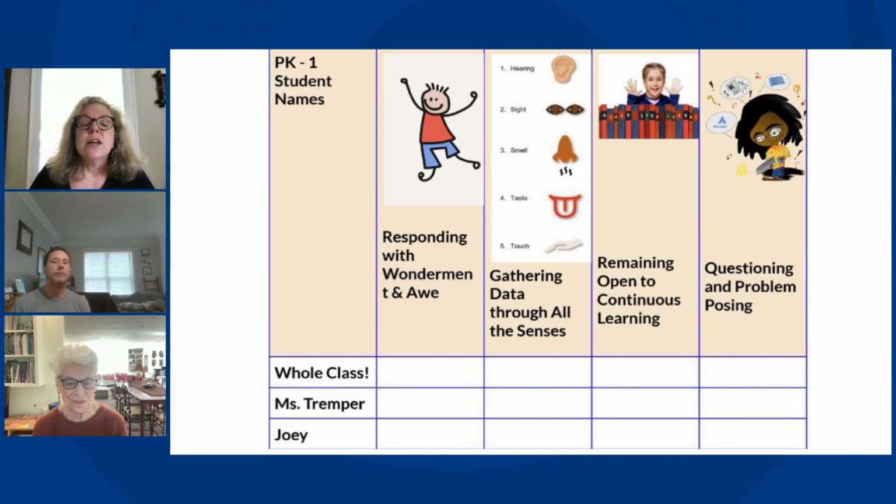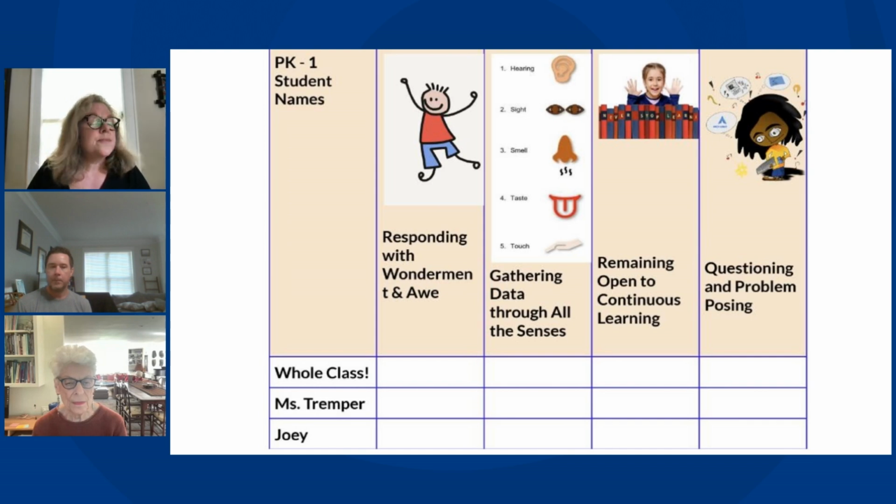And so really giving language to this, a common language, as Dan was saying, to the habits of mind, and making this a classroom venture for young children is a great way for them to begin to see what habits I'm good at, what habits I am learning, what habits I am growing as I go through the year. And so the class does this together.